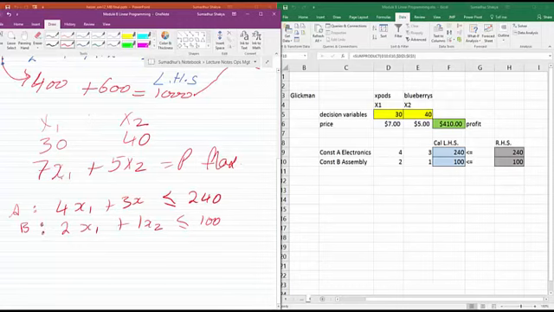Now the moment we change x1, all of these variables have to be calculated such that you would have a value for 4x1 plus 3x2, for any value other than 30 and 40. So every time this has to be recalculated.